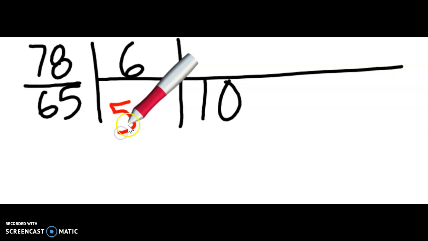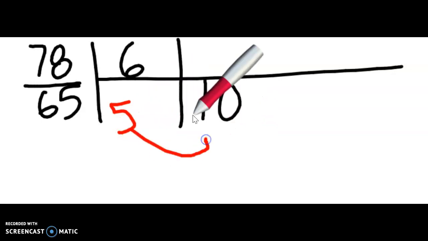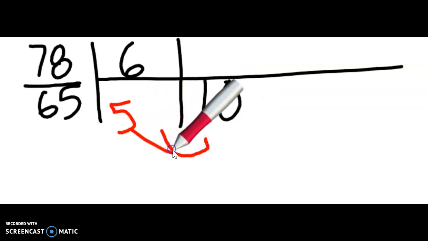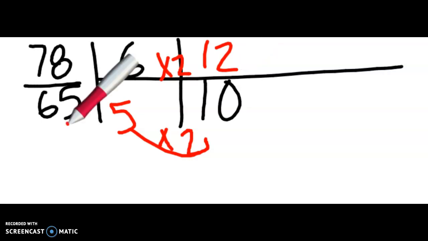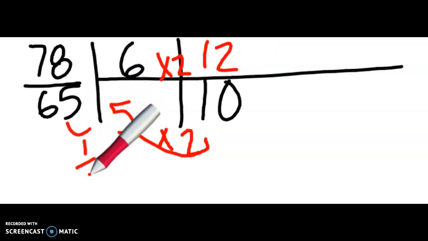Now, how do I go from 5 to 10? What pattern is that? 5 times what will give me 10? Well, 2. So that means I have to do times 2 up here, which would give me 12. So now if I look at my pattern, this right here was divided by 13.